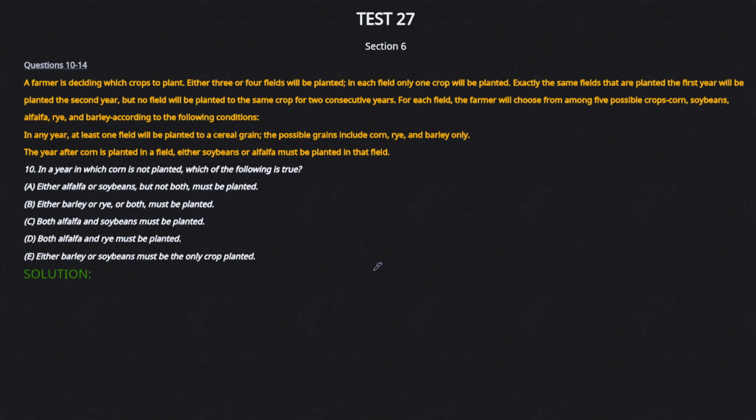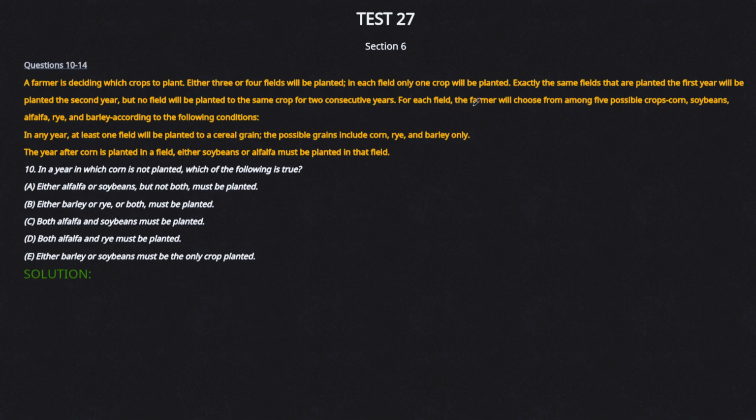Question number 10 to 14. The premise is a farmer is deciding which crops to plant. Either 3 or 4 fields will be planted. In each field, only one crop will be planted. Exactly the same fields that are planted the first year will be planted the second year, but no field will be planted to the same crop for 2 consecutive years.